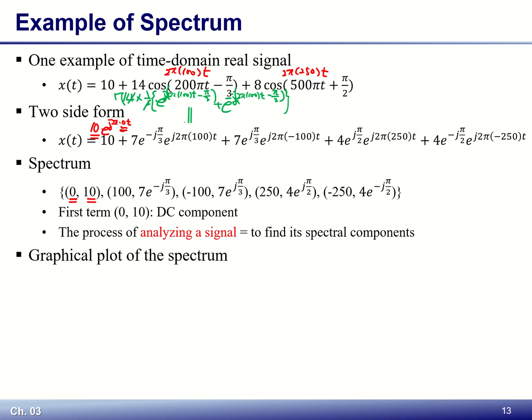So we rewrite this for frequency. When the frequency is 100, its amplitude is 7 exponential minus j pi over 3. So here, like this. In the case of minus 100 frequency, the amplitude is 7 exponential j pi over 3.